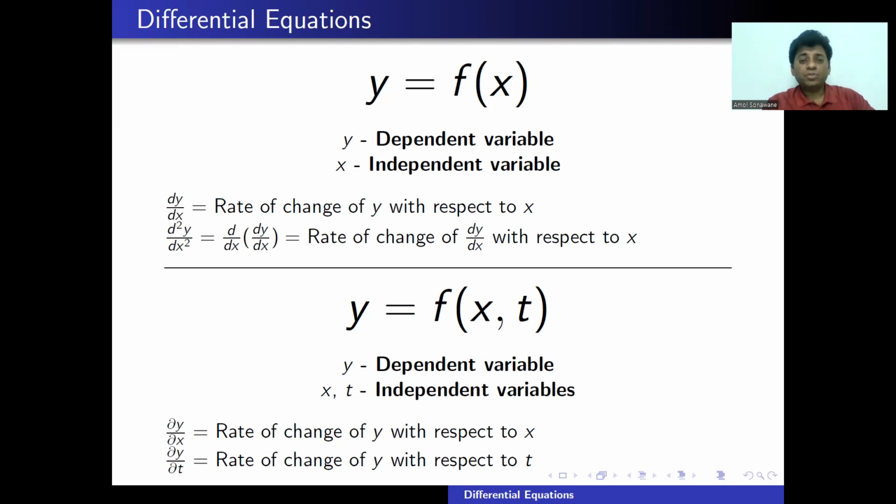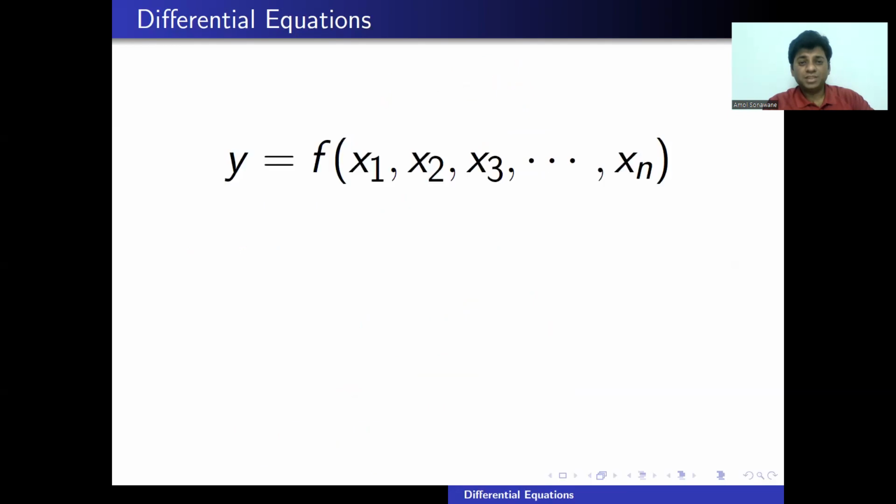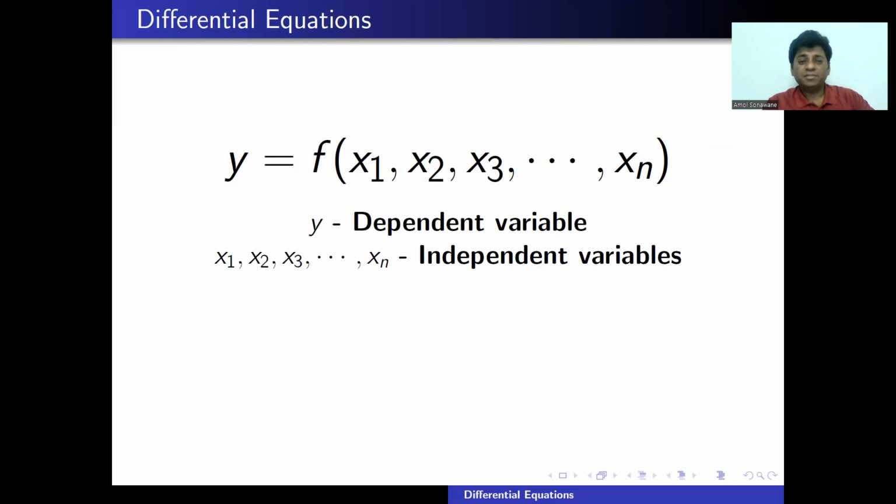Suppose y depends on more than two variables, meaning suppose y is equal to f of x1, x2, x3 up to xn. n can be any natural number, and here we are taking n greater than or equal to 3. In this situation, variable y depends on variables x1, x2, x3 up to xn. So y is the dependent variable and x1, x2, x3 up to xn are independent variables.